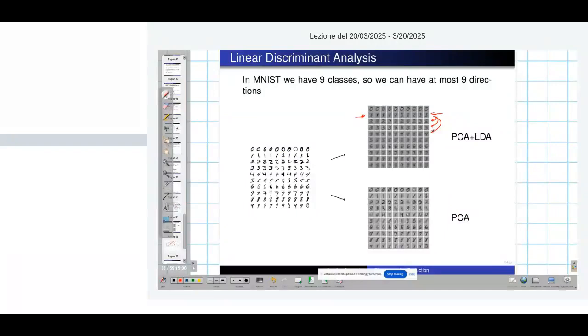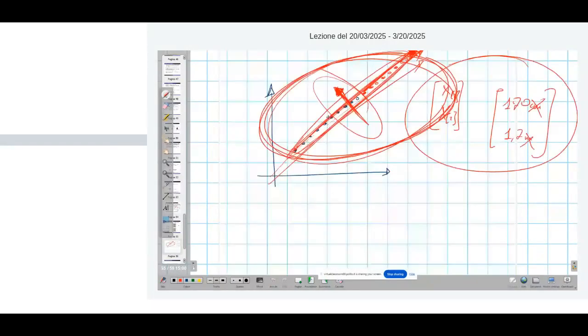That's exactly the goal of LDA. We don't care about reconstructing the original image well. We care that we find directions over which the classes are clearly distinguishable. So we have 9 directions available. In these 9 directions, we will try to make all zeros look similar while they look different from the other values.